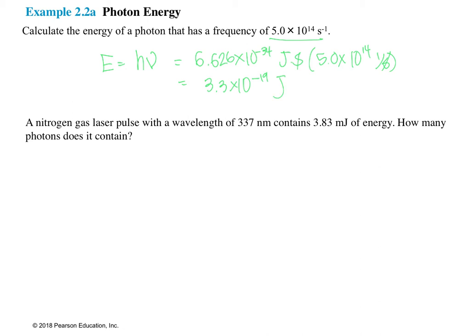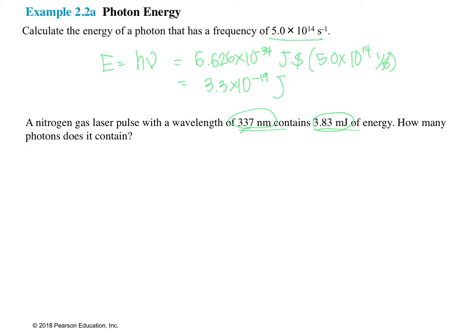Okay, these ones are fun. I like them. So if we have a nitrogen gas laser, and it's going to pulse. It has a wavelength of 337 nanometers, so about in the violet. And every pulse gives 3.83 millijoules of energy. So how many photons does it have?